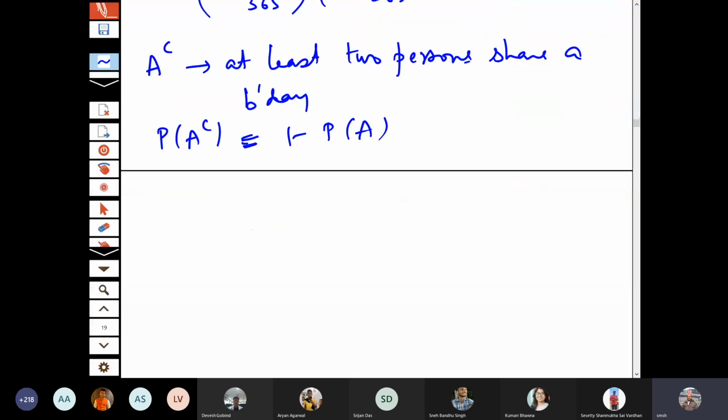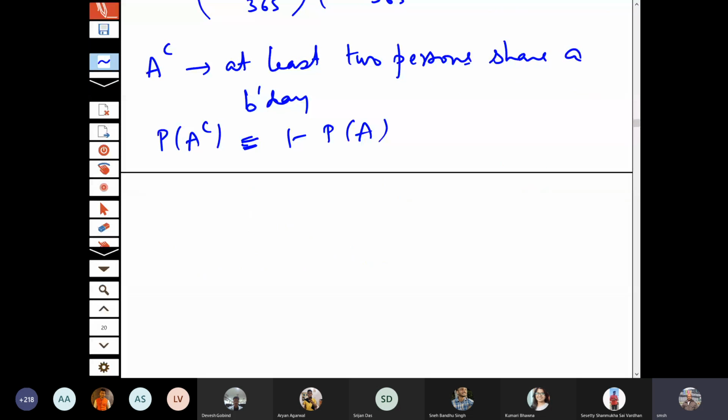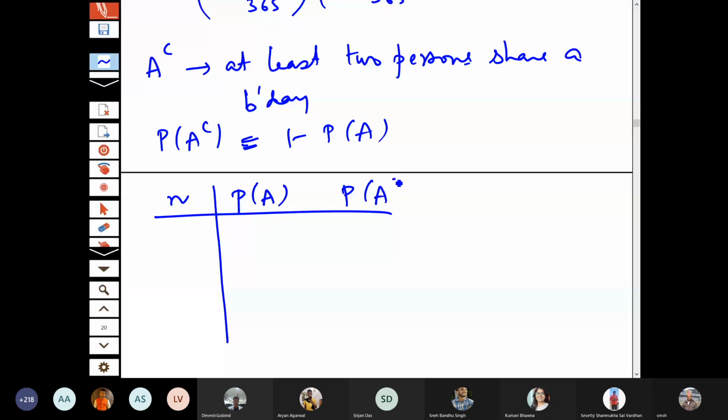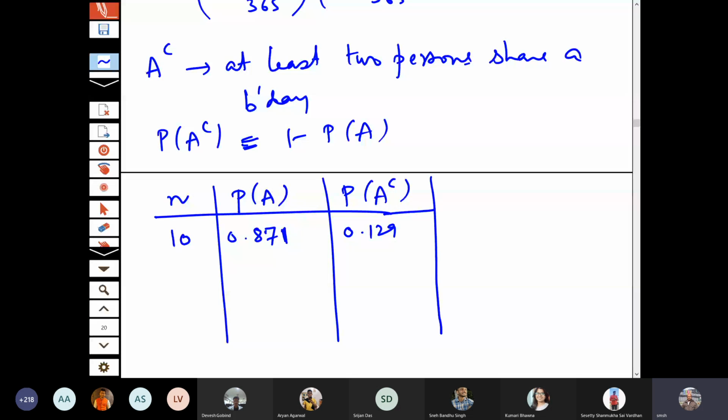I just want to show you the numerical interpretation of this. Let us have a small table. If I have n equal to 10, then the probability of A is 0.871. The probability that two persons will not have a common birthday is quite high, and therefore the probability that they will have a common birthday is much smaller.